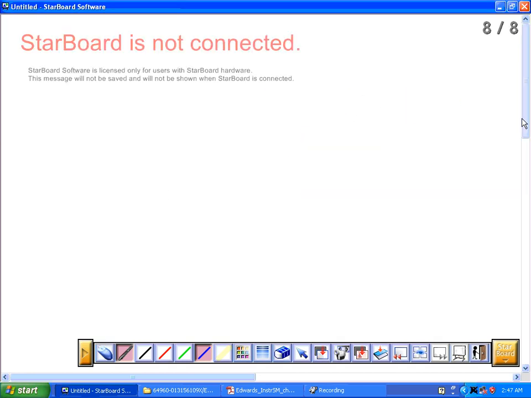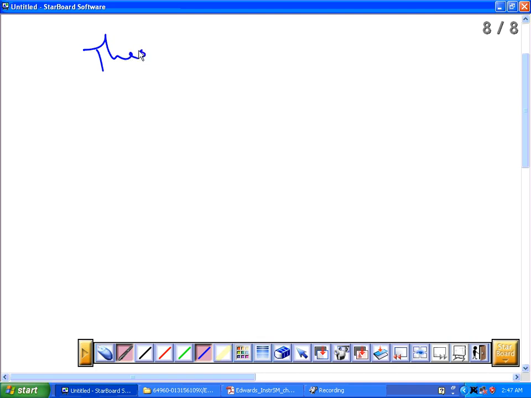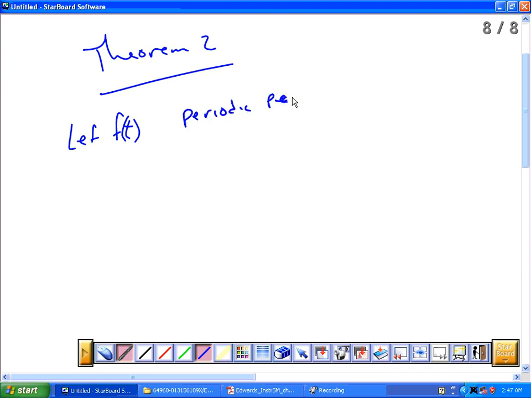So theorem 2 then, it's a little different. Theorem 2 talks about sinusoidal functions, periodic functions, and it says this: let f of t be periodic, with period equal to p, and piecewise continuous for t bigger than or equal to 0.